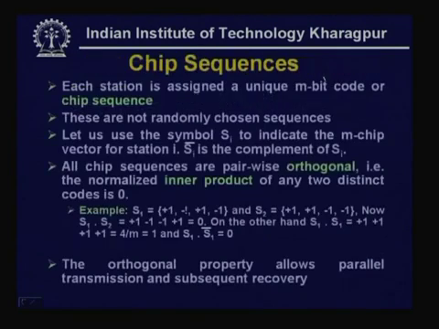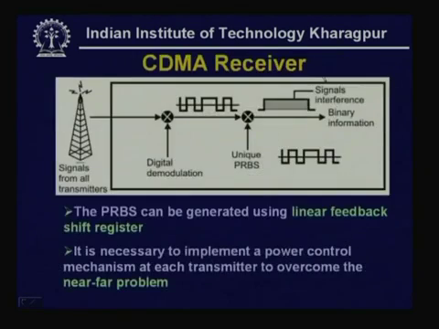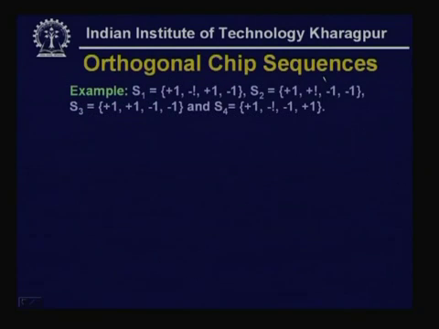Let us look at the S3 code. S3 is plus 1, plus 1, minus 1, minus 1, that was plus 1, minus 1, plus 1, minus 1. So these codes are not proper. So let me take up separate codes.